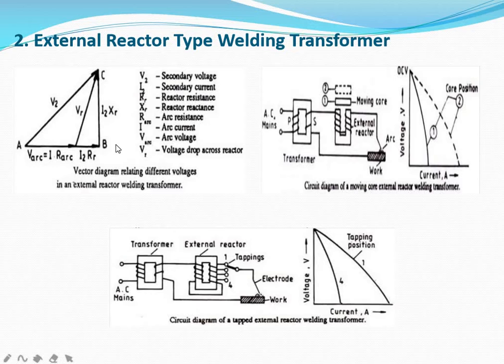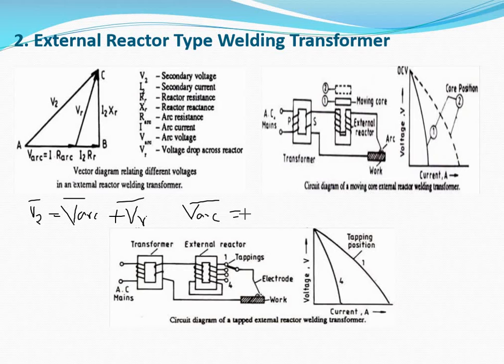So these three quantities mathematically we can write as V2 bar equals V arc bar plus VR bar, or we can write V arc bar is equal to V2 bar minus VR bar.